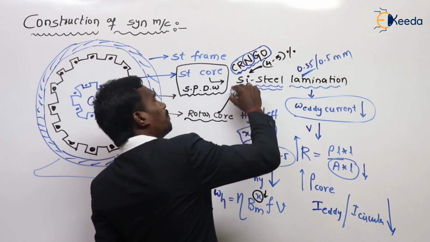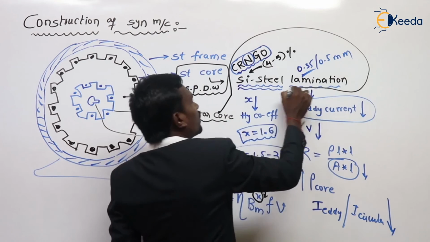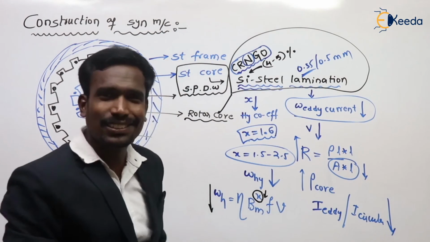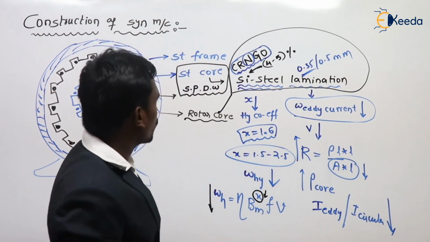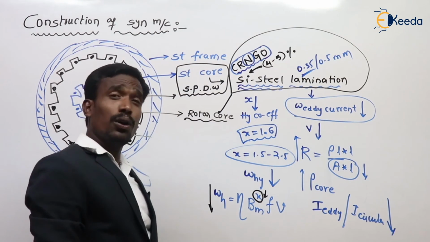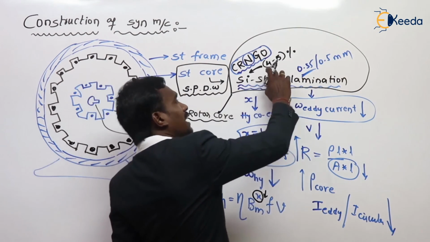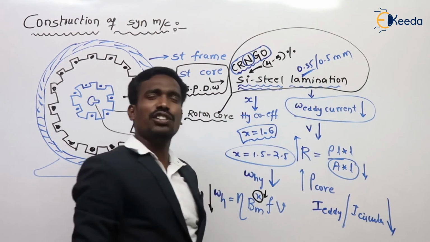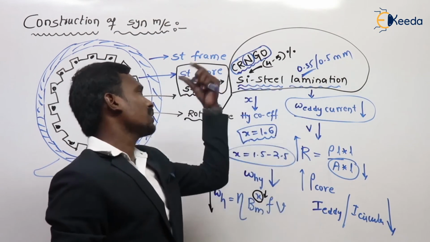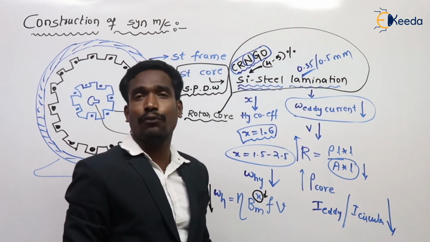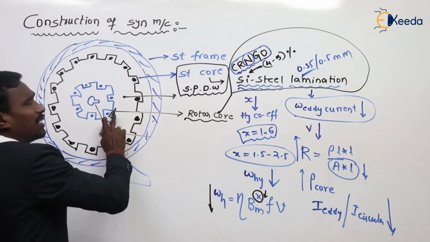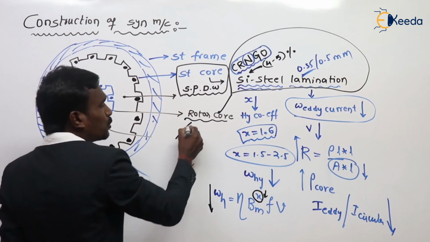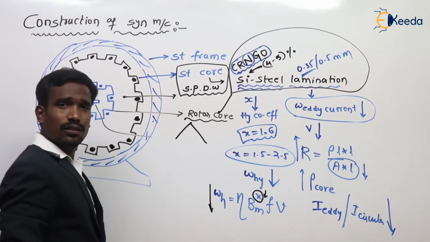The rotor core is made up of CRNGO silicon steel laminations. Again, the stator core and the rotor core both are made up of CRNGO silicon steel laminations, and the explanation is the same from a construction point of view. But here in this rotor, we have two types.